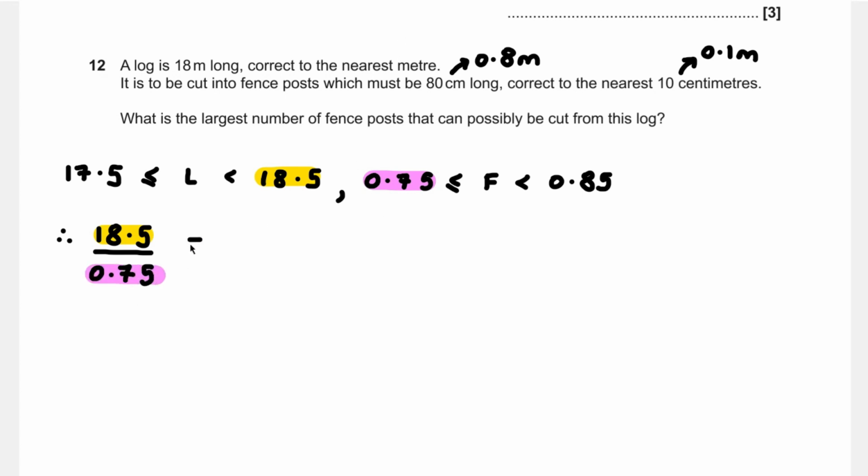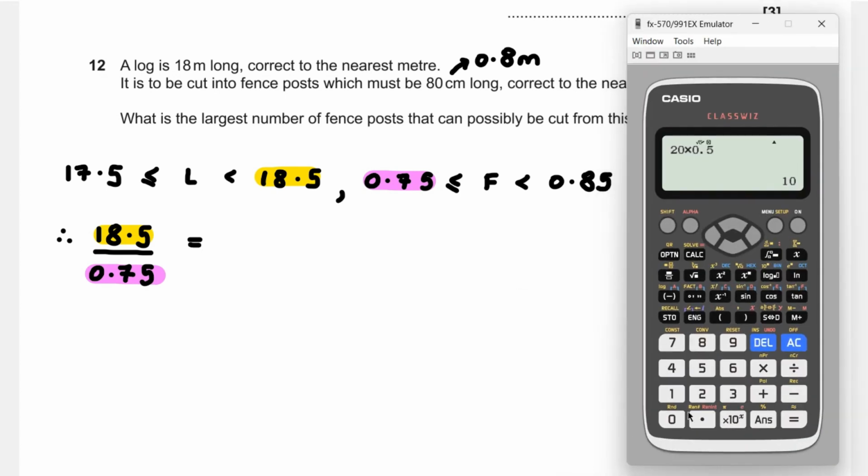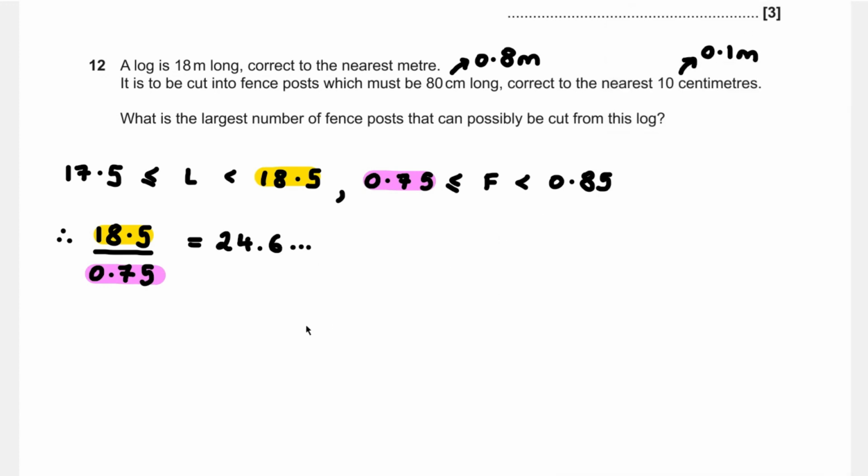So if I work out what this is, I get 24.6, etc. So what's the largest number? I have 24 fences.